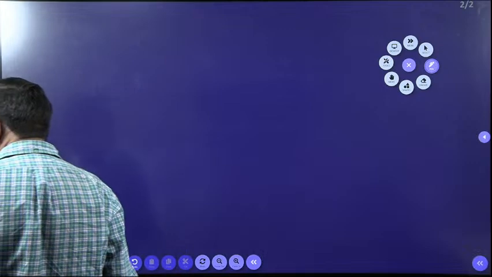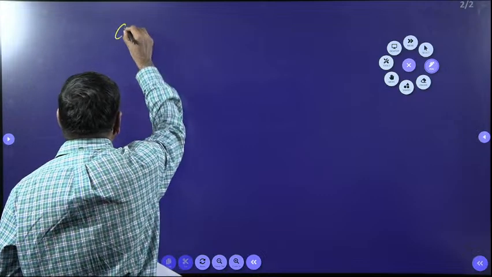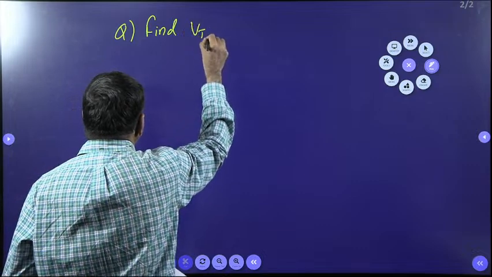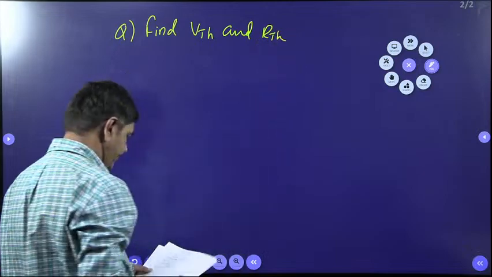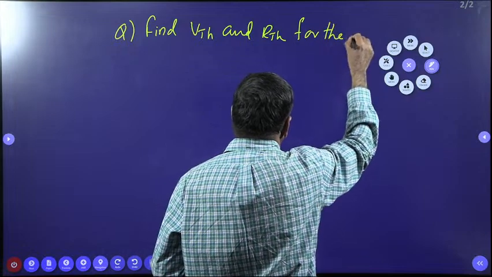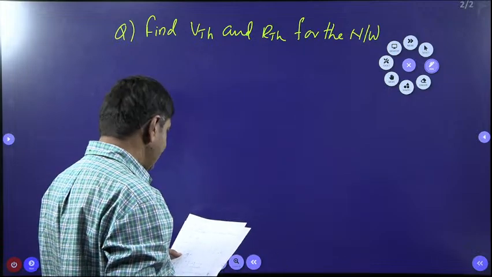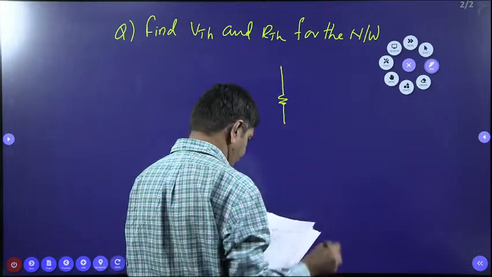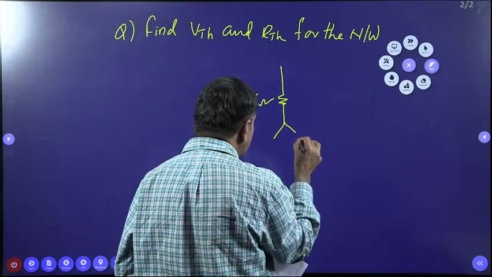The first problem is given like this. Find VTH and RTH. These two parameters are required for the given network. NW indicates network. In the network, a resistance of 6 ohms is connected here.